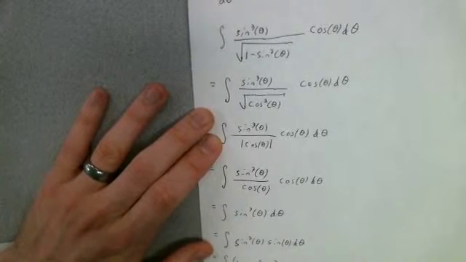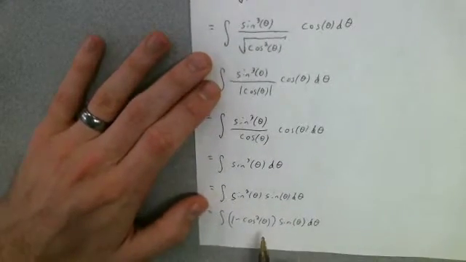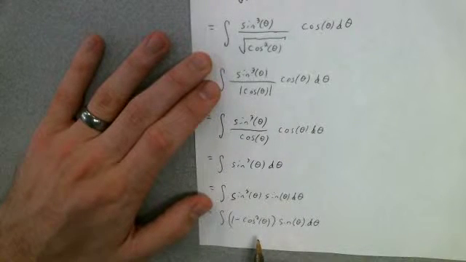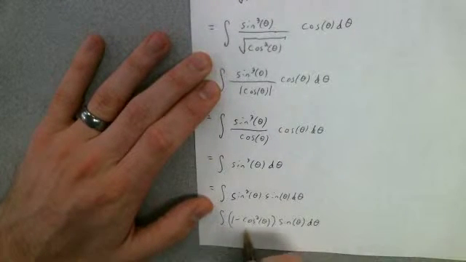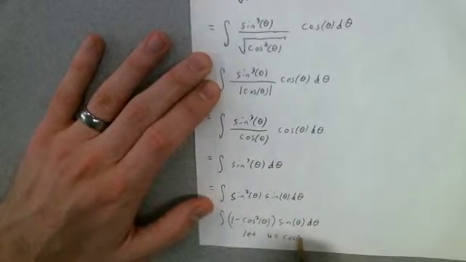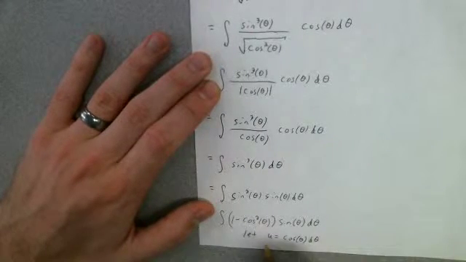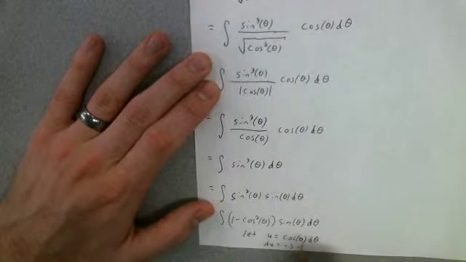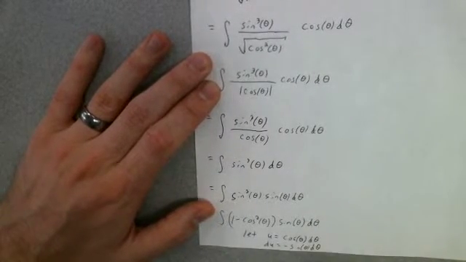And I say, aha, now all of a sudden I can get this antiderivative. I can do a u substitution. I can let u equal the cosine of theta. And if I do that, then du is negative sine of theta d theta.